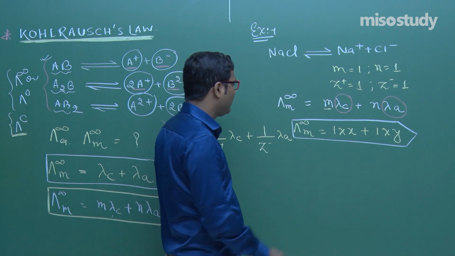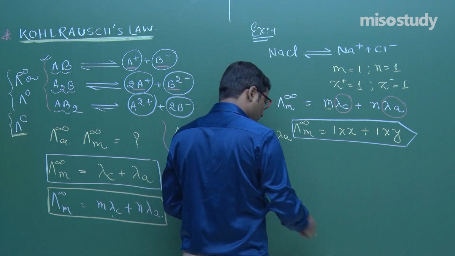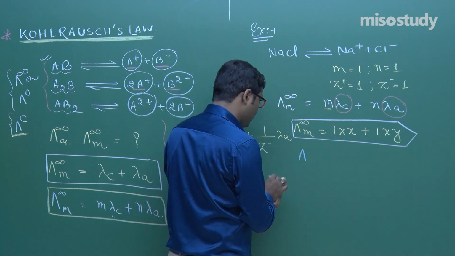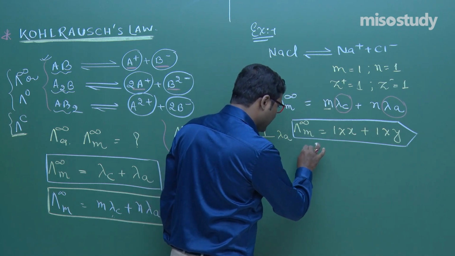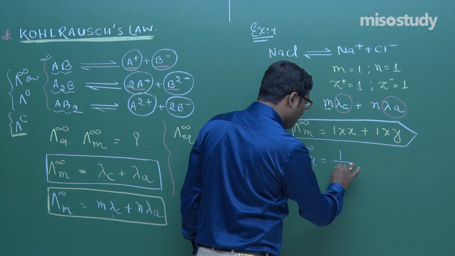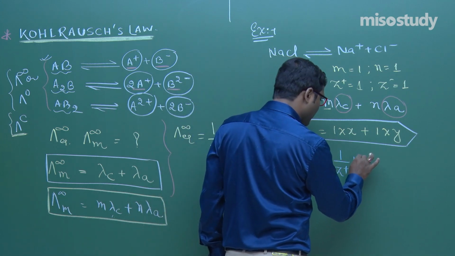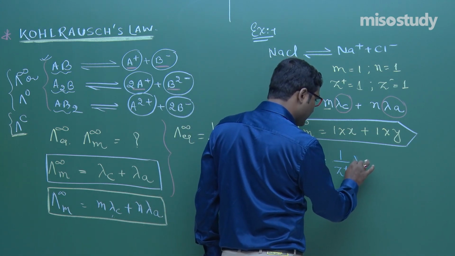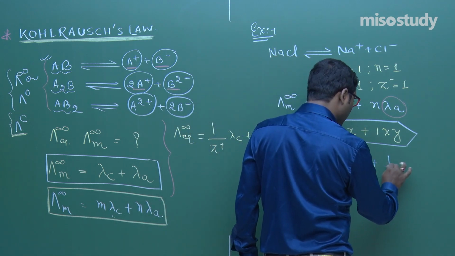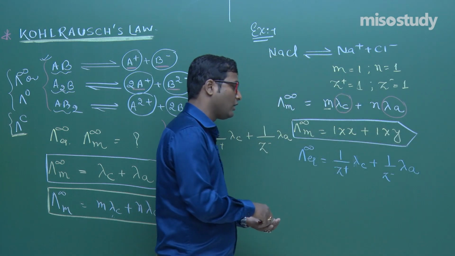Now if anyone asks you to write down the expression for equivalent conductivity, then what will you do? Equivalent conductivity at infinite dilution is equal to 1 upon Z plus into the ionic conductivity of cation, plus 1 upon Z minus into the ionic conductivity of anion.